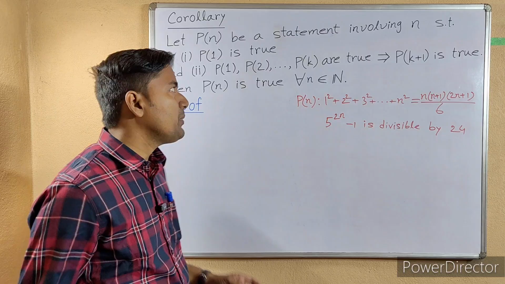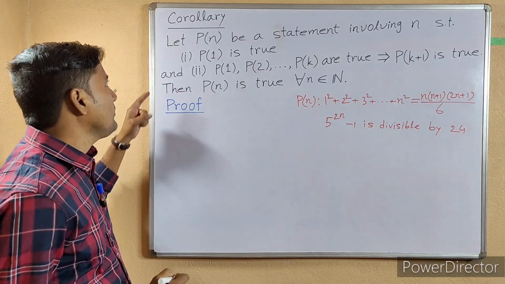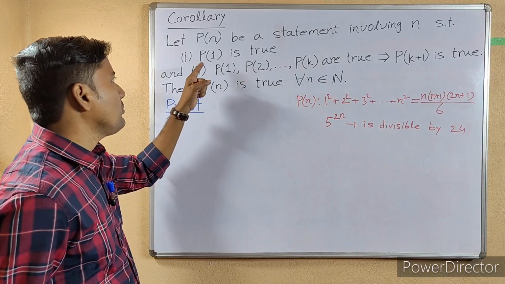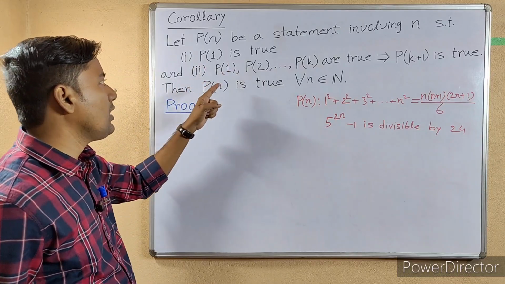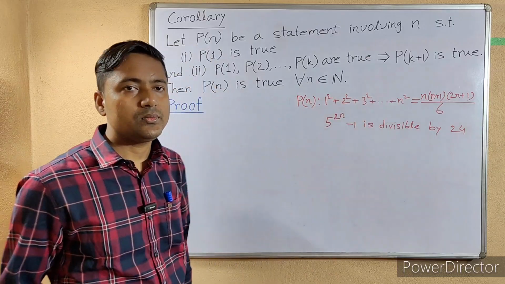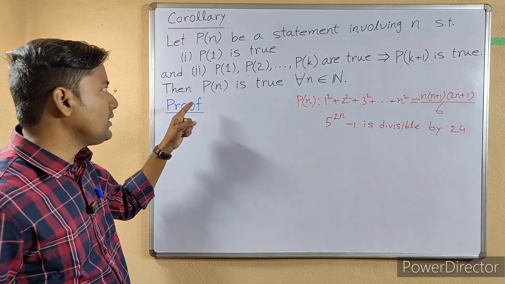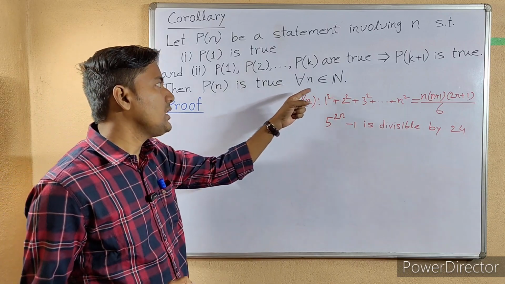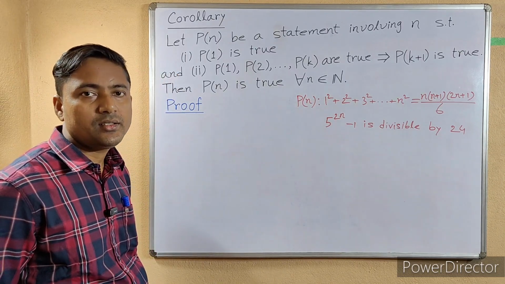Okay, now come back to the corollary. Let Pn be a statement involving n such that P1 is true and P1, P2 dot dot dot Pk are true, implies Pk plus 1 is true. Then Pn is true for all n belongs to N, that is for all natural numbers n.